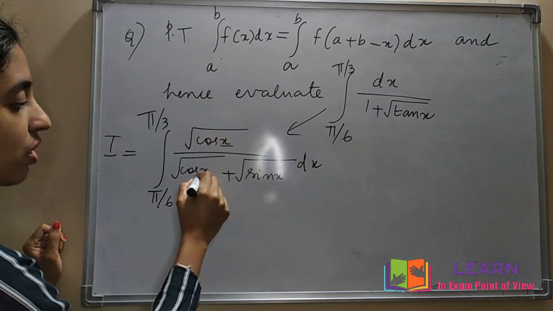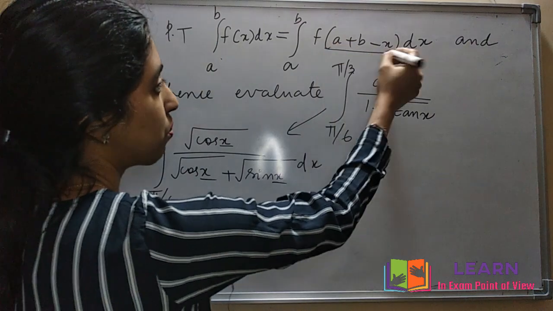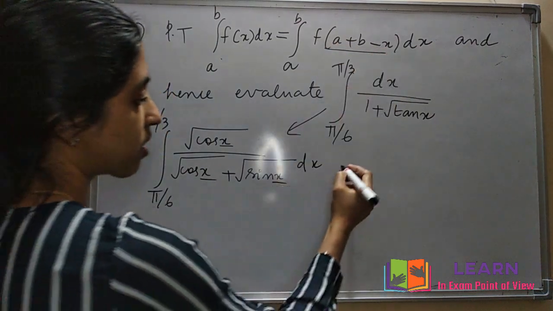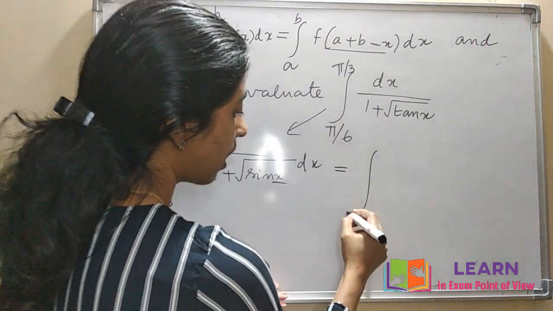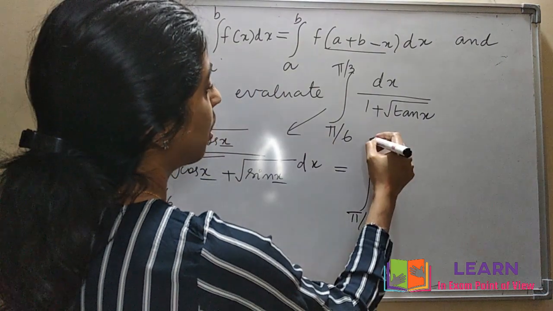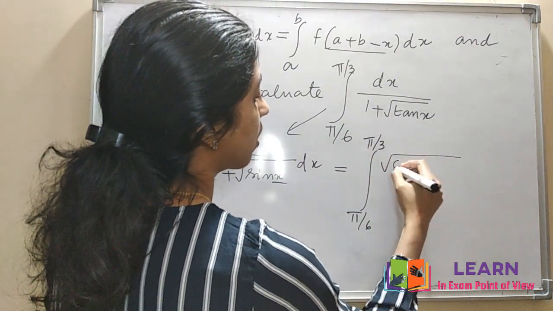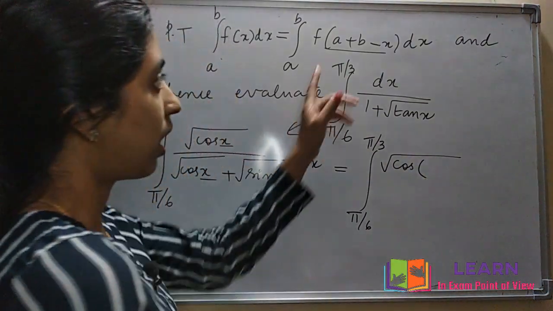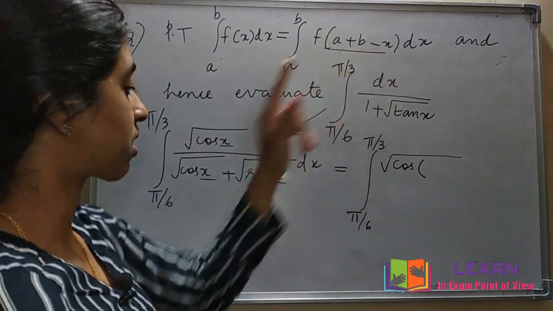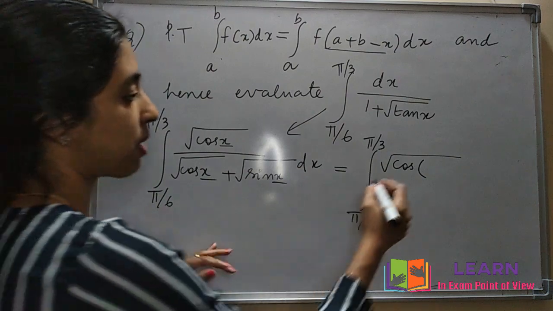Here we can change x according to the property. So the next transformation: integral pi by 6 to pi by 3, root cos of a plus b minus x. What is a here? Pi by 6.